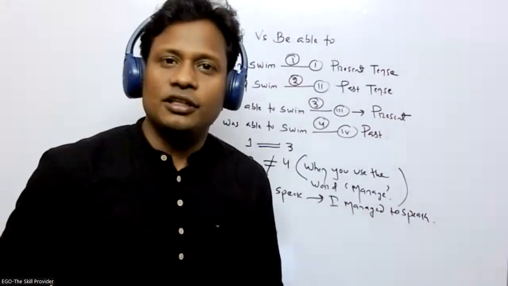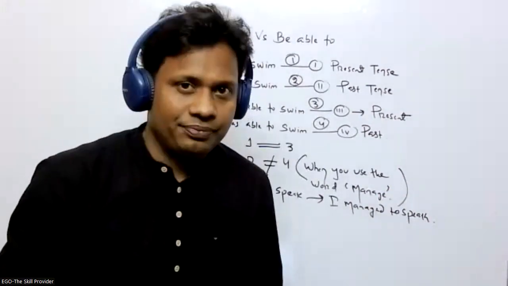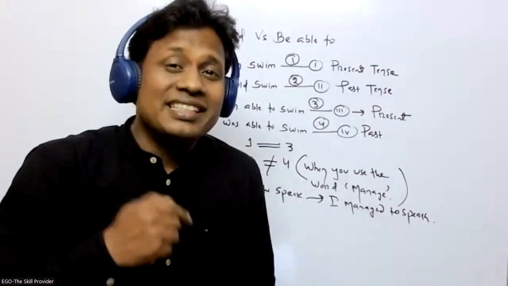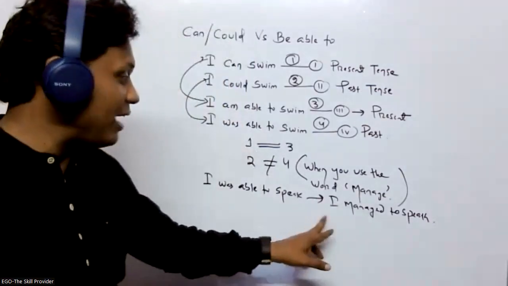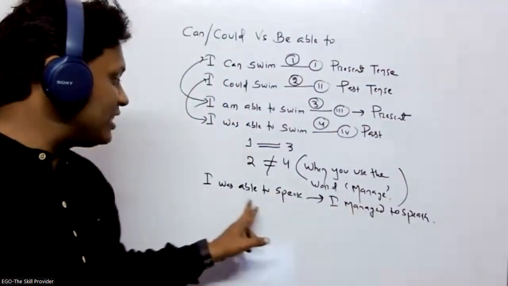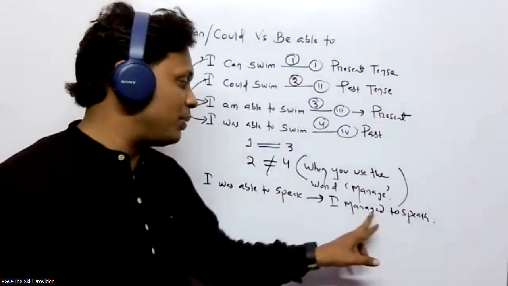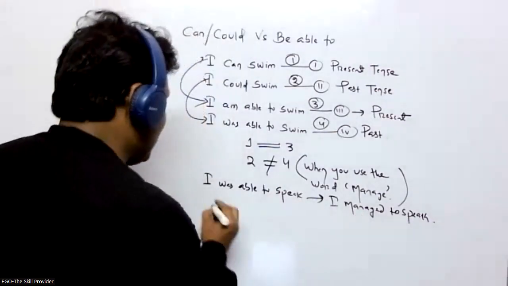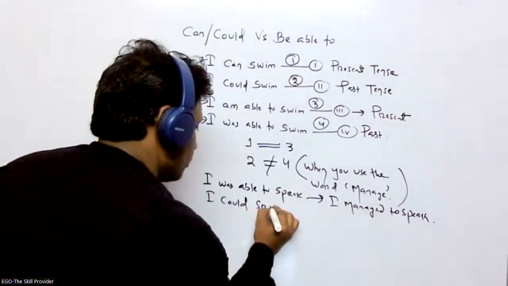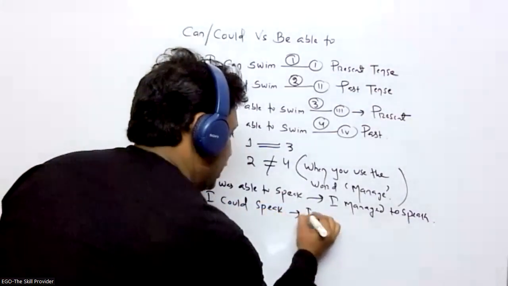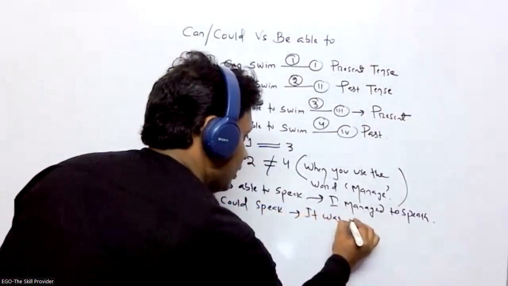I just did that. That means it was not my ability. It was just, for the sake of others, I tried it and I did that. So this is something called I managed to speak. I was able to speak. I managed to speak. It is called manage. The moment I could speak, it was my ability.